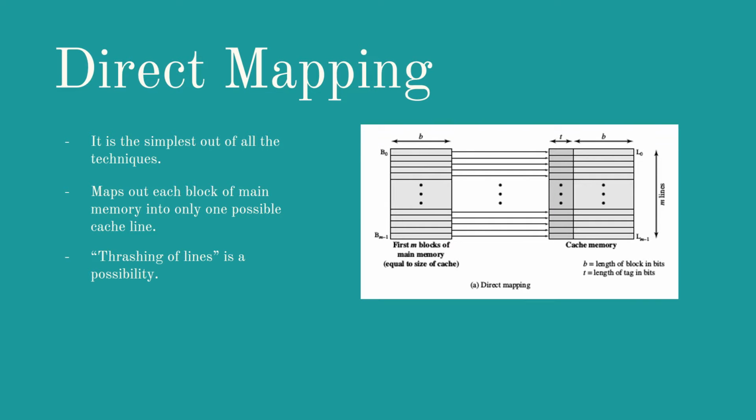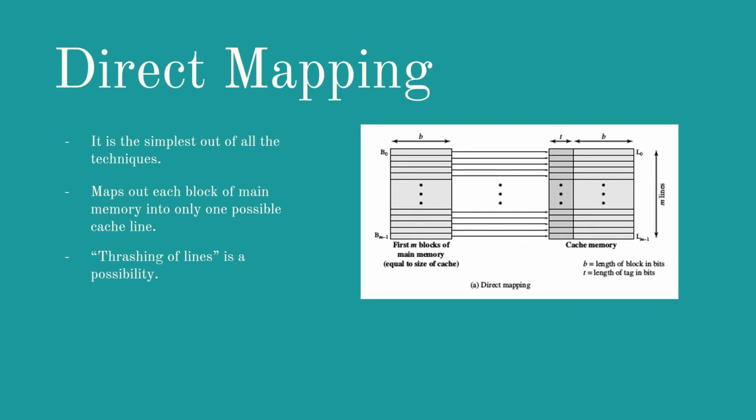Mapping techniques. There are three different mapping techniques. The first one is direct mapping. Direct mapping is considered to be the simplest out of all the techniques. Direct mapping maps out each block of main memory into only one possible cache line.